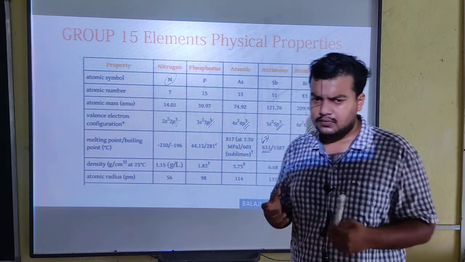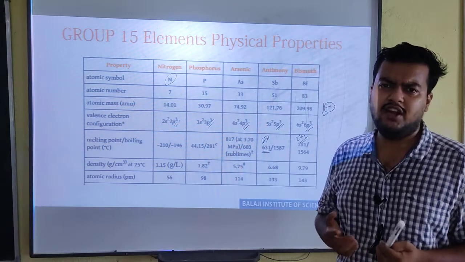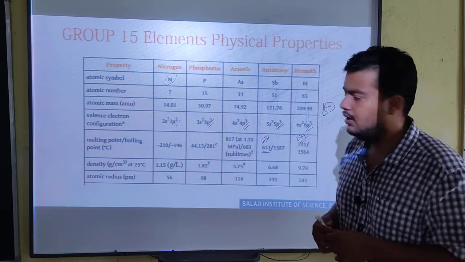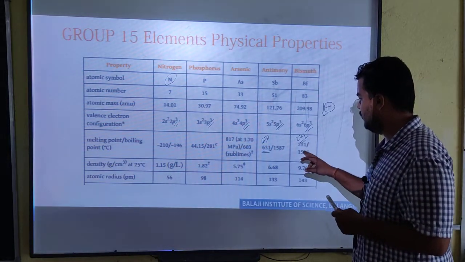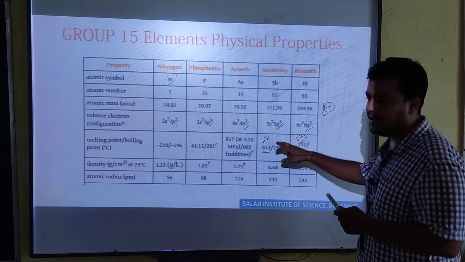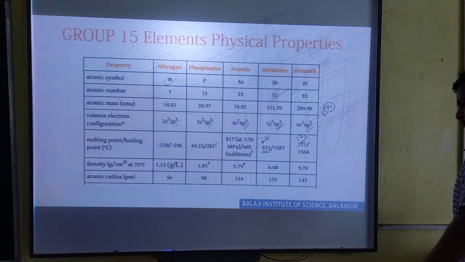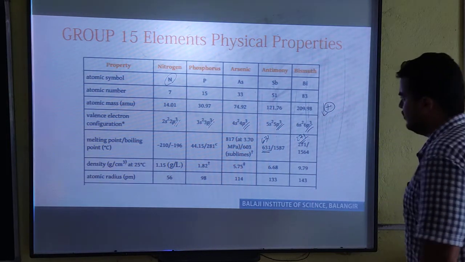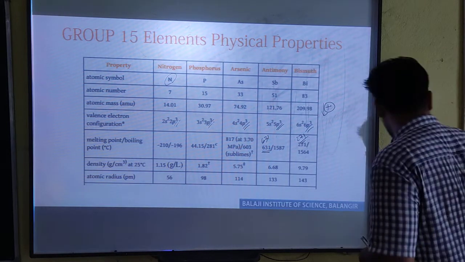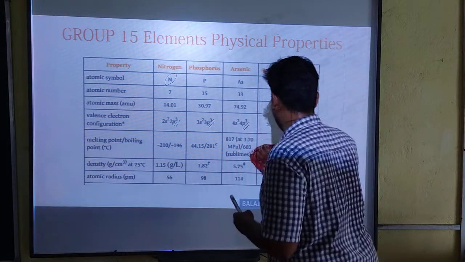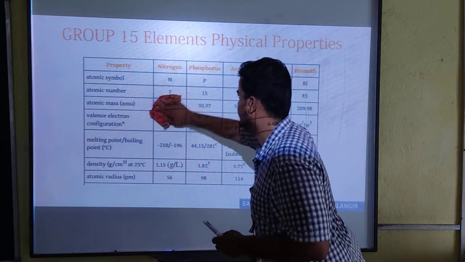So we can easily change the state of the matter by using less amount of energy, because it is easy to dissociate the electrons of bismuth than antimony, because bismuth has a larger size. So these properties are evident in all of the groups that we'll study in the later classes.